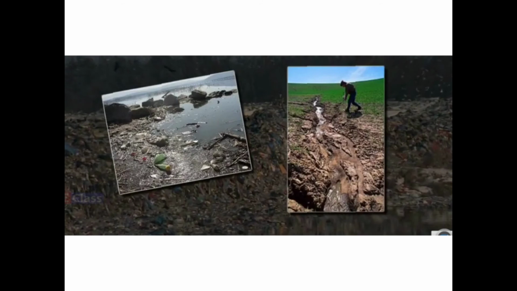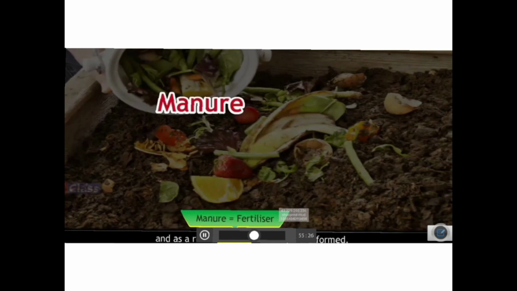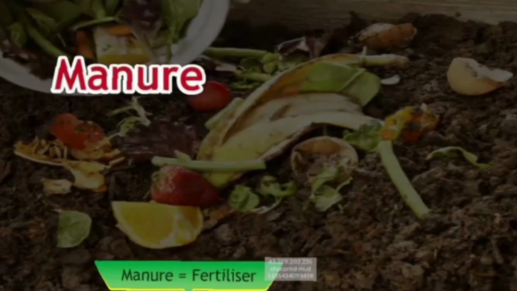This decomposition is done by microorganisms. And as a result, we get manure and biogas. And biogas is used as a fuel also, right? So this is the natural decomposition which is taking place.